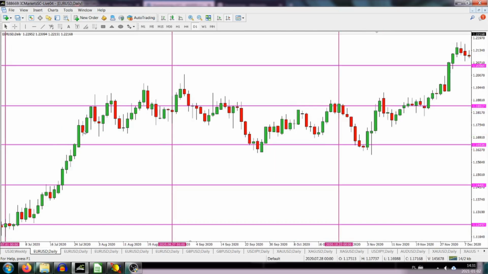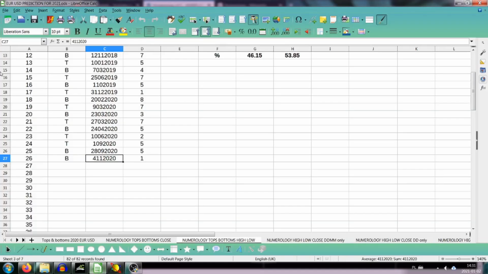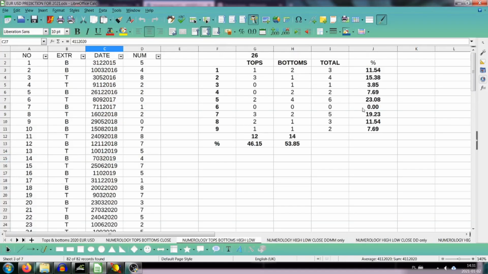So in this way I just marked a few of them, and the results show that the number 5, numerological 5, appears 23%.